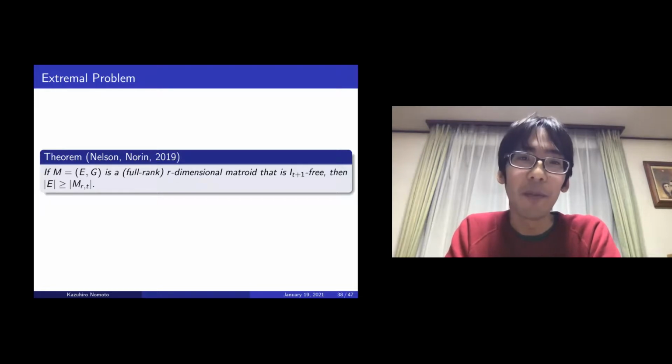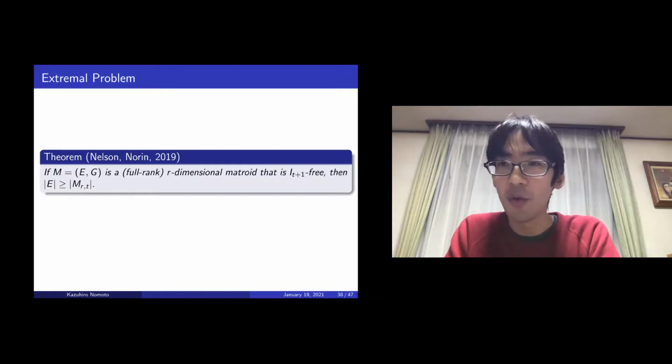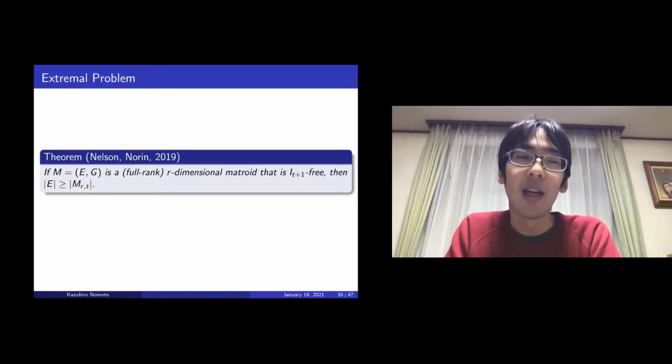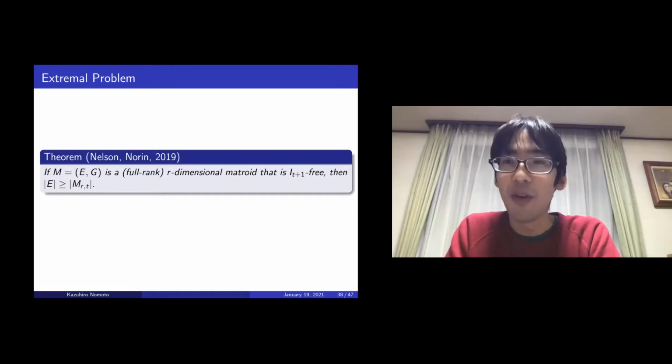It is true. Peter and Sergey Norin proved that that's the right answer. The theorem statement doesn't include the equality statement, but it can also prove, in addition to this, that you have equality if and only if M is isomorphic to that particular matroid, provided the dimension is large enough.